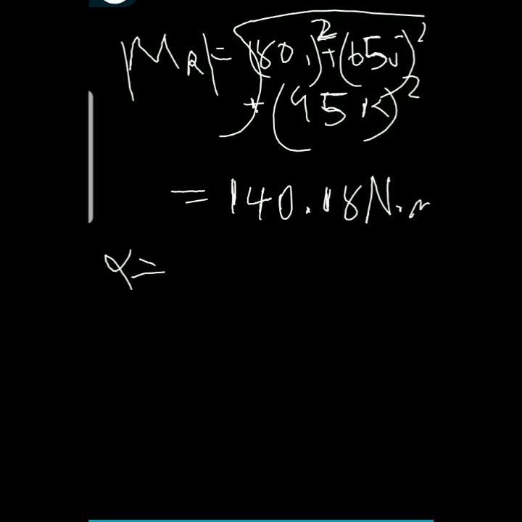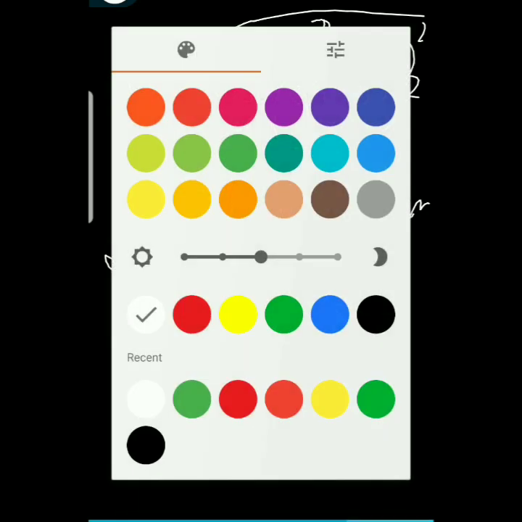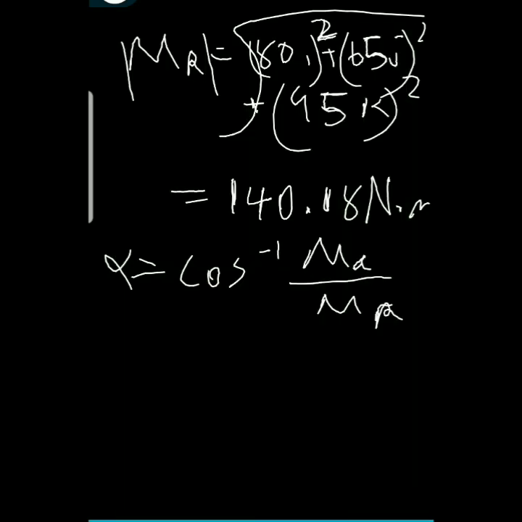For the direction angle, alpha would be equal to cos inverse of Mx, which is the x component of MR. The x component would be that one, the y component would be this one, the z component would be that.